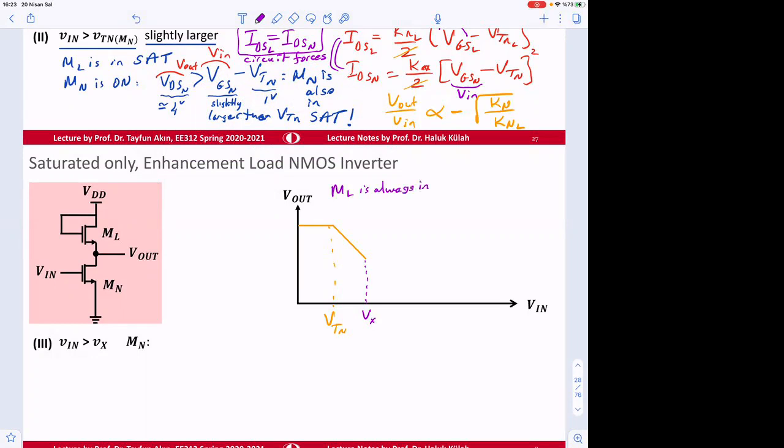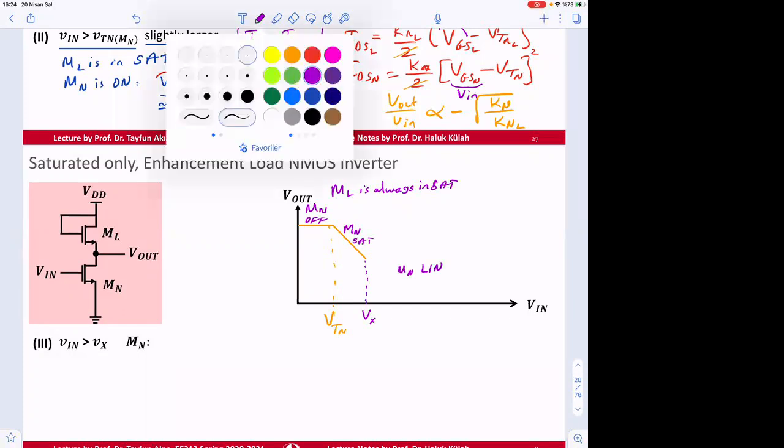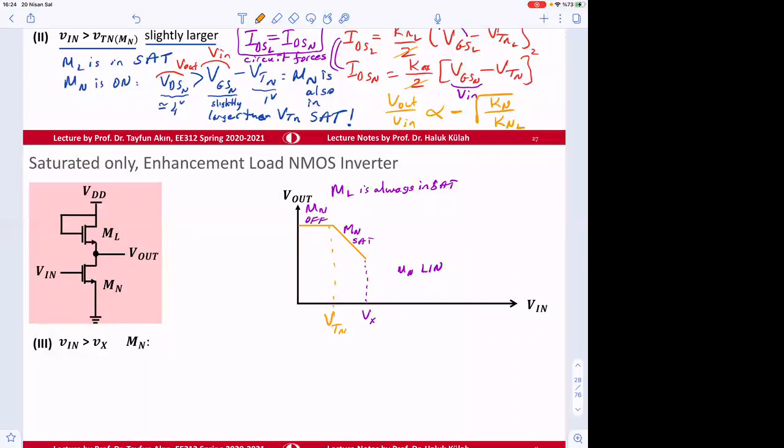So here is Mn sat, and then after this, Mn linear. So after this, this will be reducing like this.